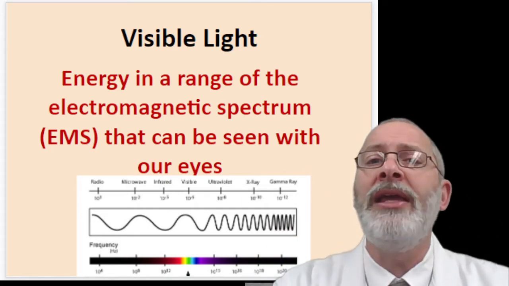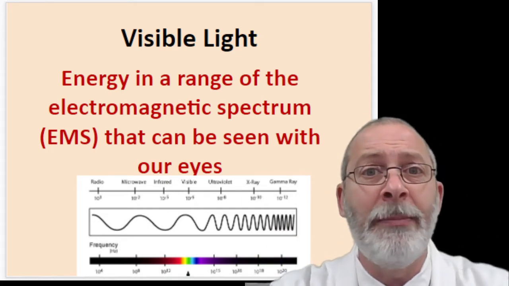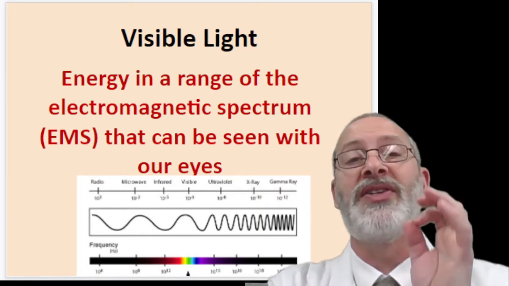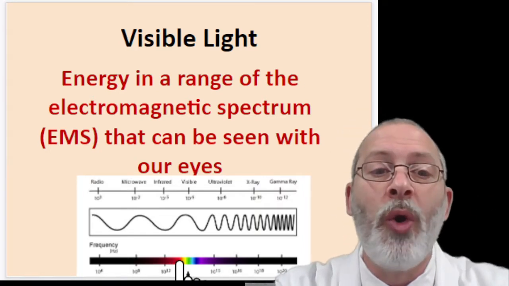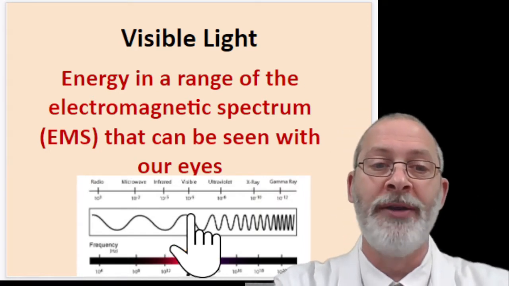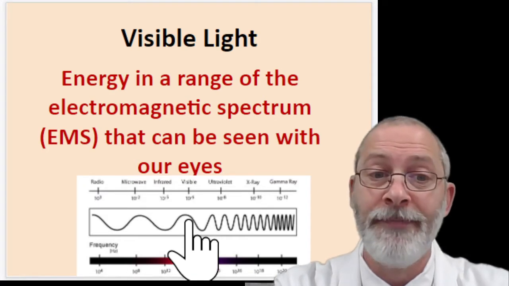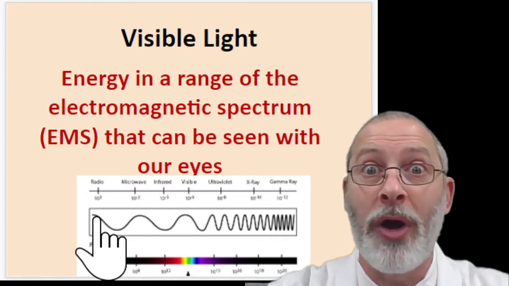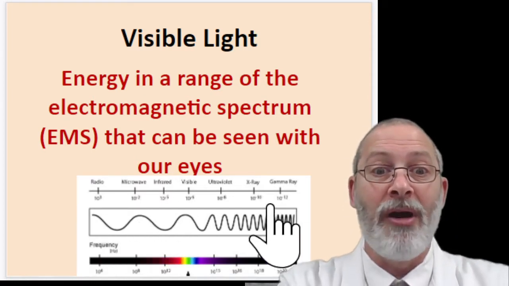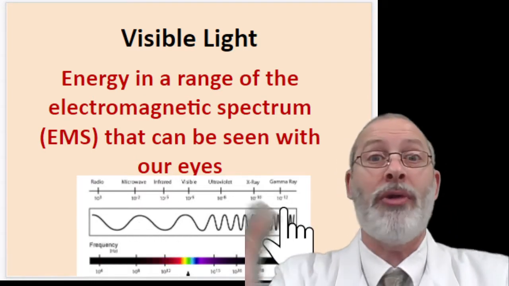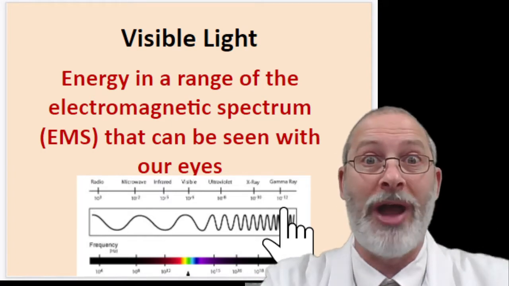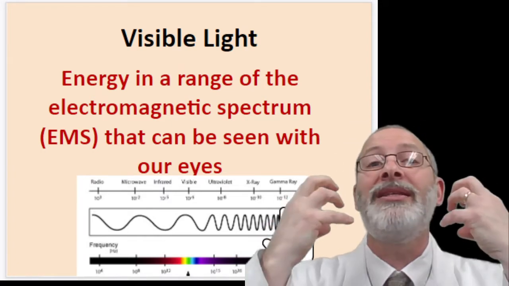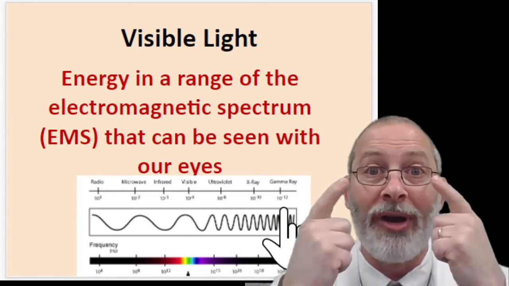There's a whole range of wavelengths that are being emitted, but our eyes are sensitive to only a certain portion of those wavelengths. Even though the other wavelengths, radio waves, are going through our bodies right now, there are X-rays from the sun that are actually traveling through our bodies right now, but we can't see those with our eyes.